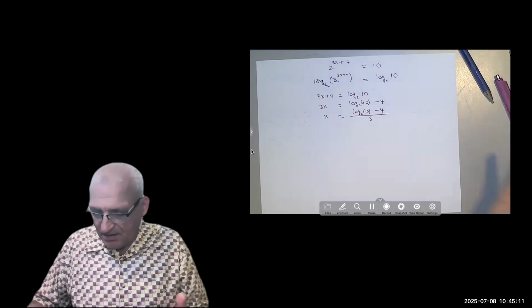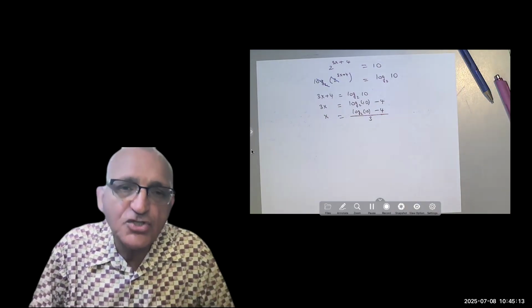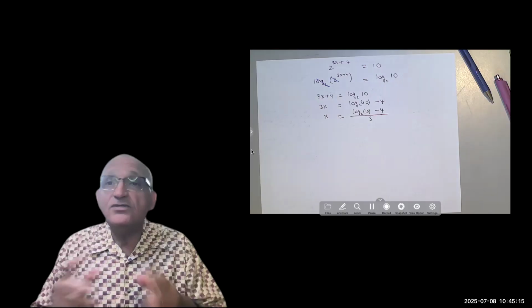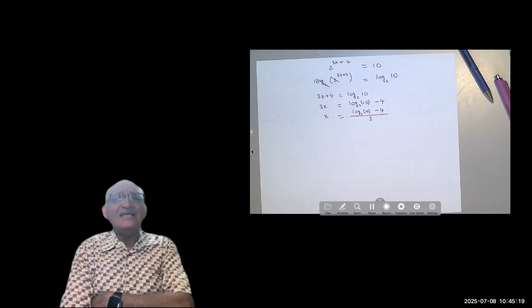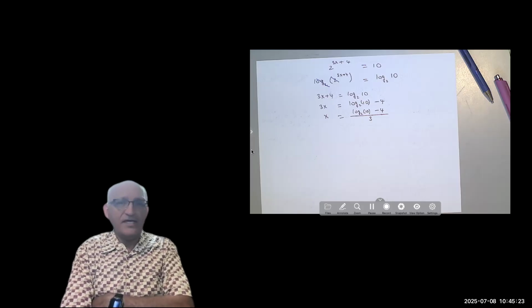And you say, but how do I know that? Now, in this case, you use your calculator. But how can I use a calculator for a log of a base other than 10 or e? You can't. So what do we do?